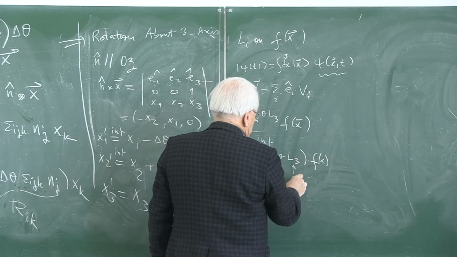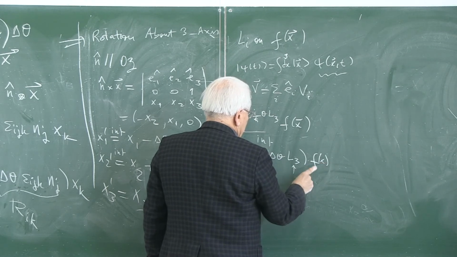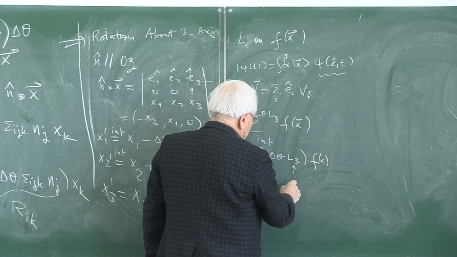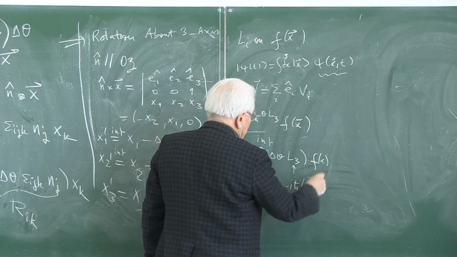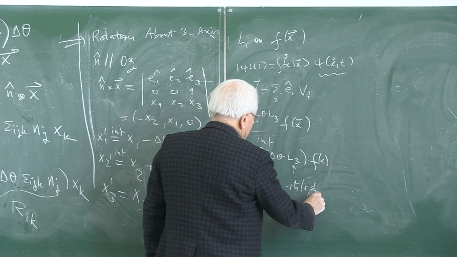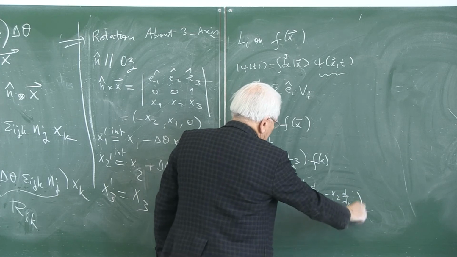Now this one is what? P on the functions is h bar over i, minus i h bar, L3 is x1 d by dx2 minus x2 d by dx1.